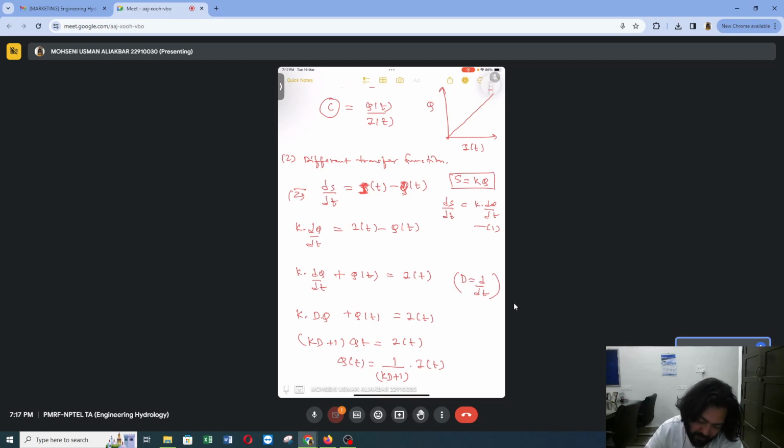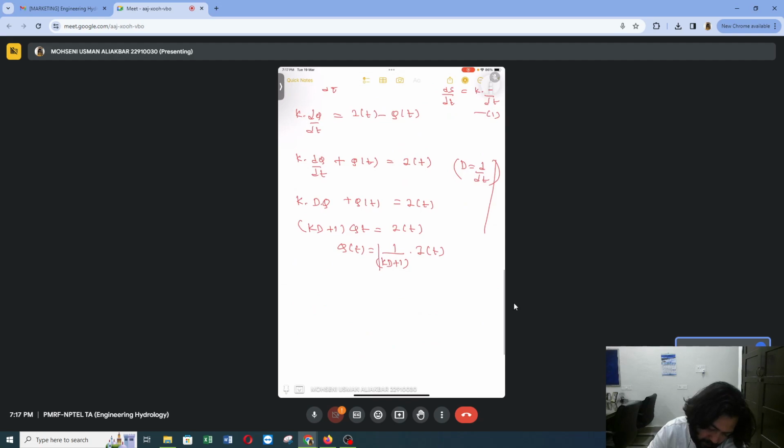So from here we can say that this term is the differential transfer function. So the relationship between outflow and inflow can be due to a constant transfer function, or it could be due to a differential transfer function.